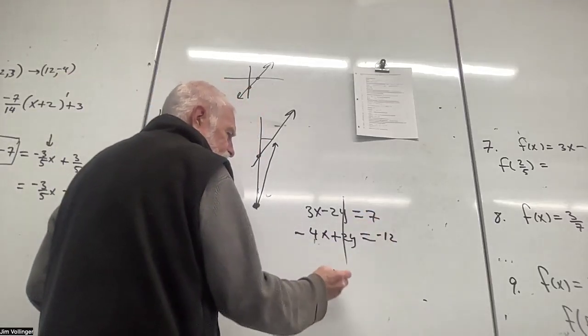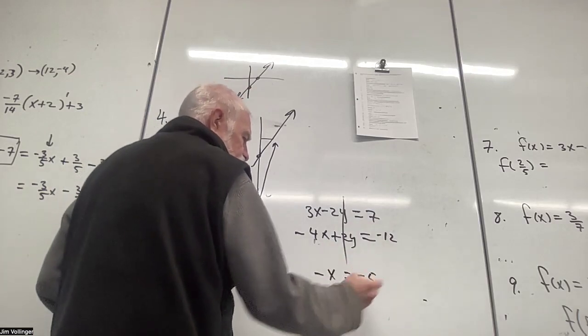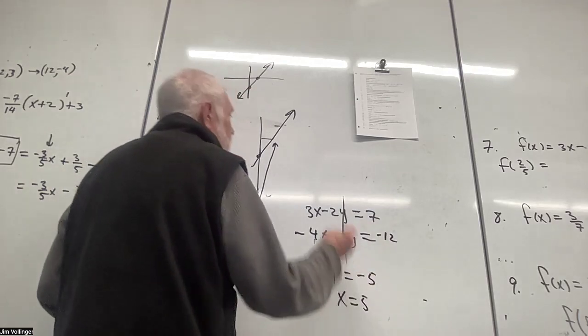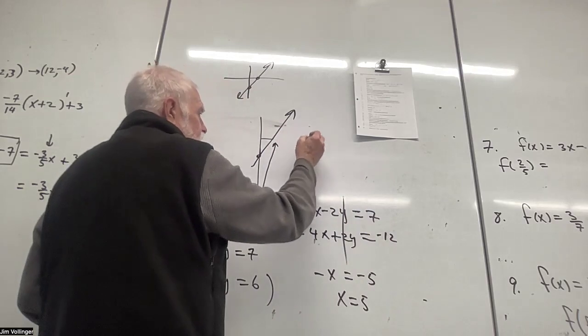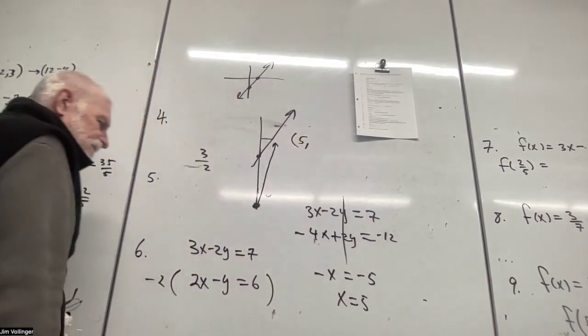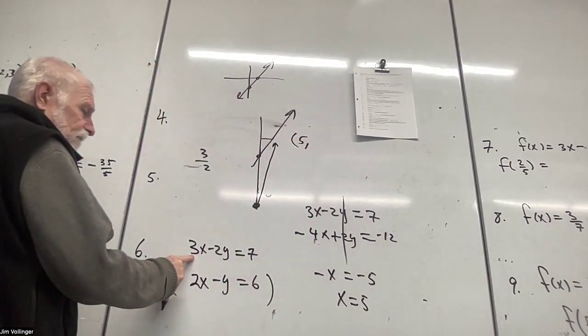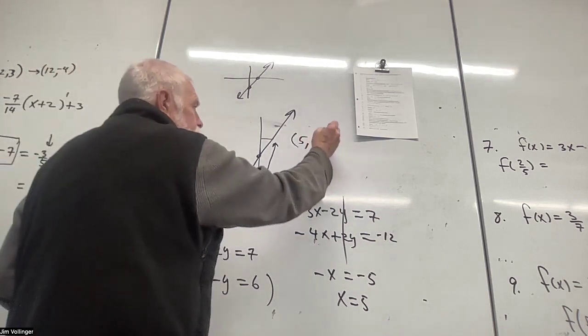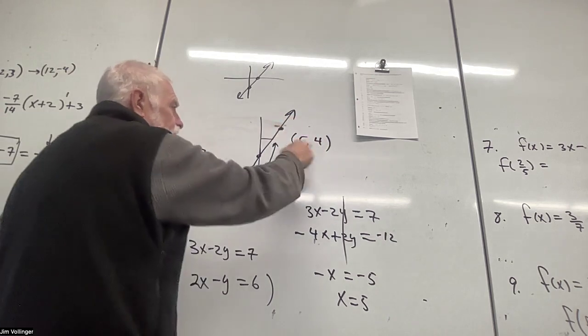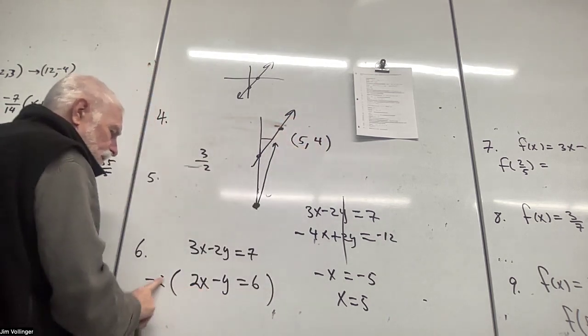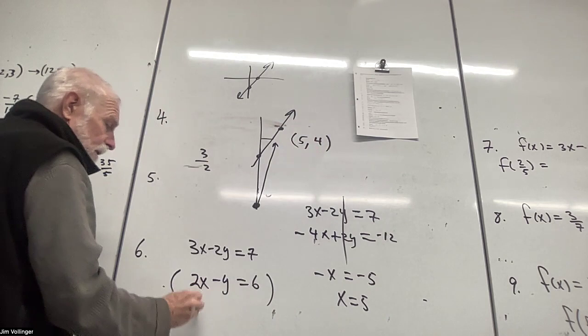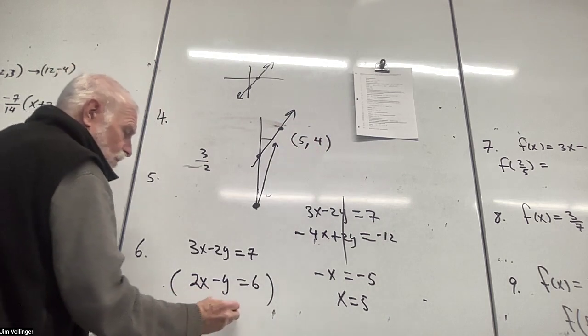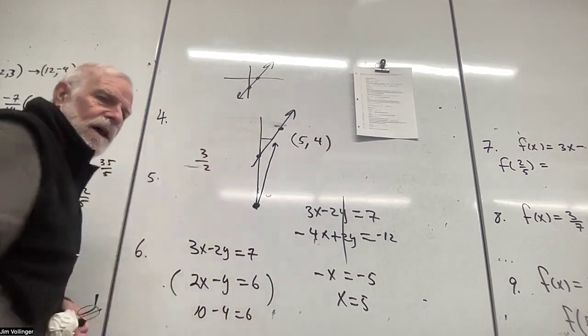Looks like I have -x equals -5. Looks like x equals 5. Okay, that's a little further to the right than I thought, but yeah, it makes sense. And if I put 5 in, 15, y becomes 4. So these intersect at that coordinate, 5, 4, but let's put 5 and 4 into the other one to make sure. That's 10 minus 4 equals 6. We're moving on.